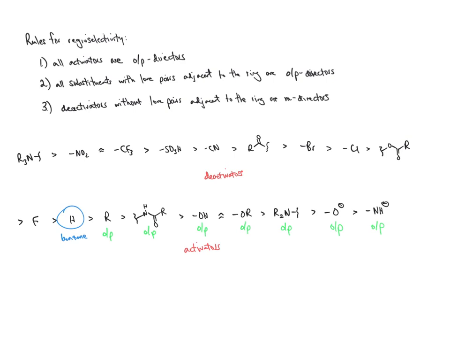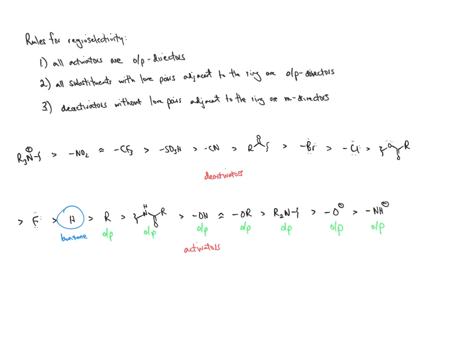That's pretty simple. Now, how about the second rule? So all substituents with lone pairs adjacent to the ring are ortho-para-directors. Right? So I'm forgetting my positive charge on that trialkylammonium. If we were to scan all of the deactivators, there are only a couple that have lone pairs adjacent to the ring, and those would be the bromo substituent, the chloro substituent, the ester substituent, and the fluoro substituent.